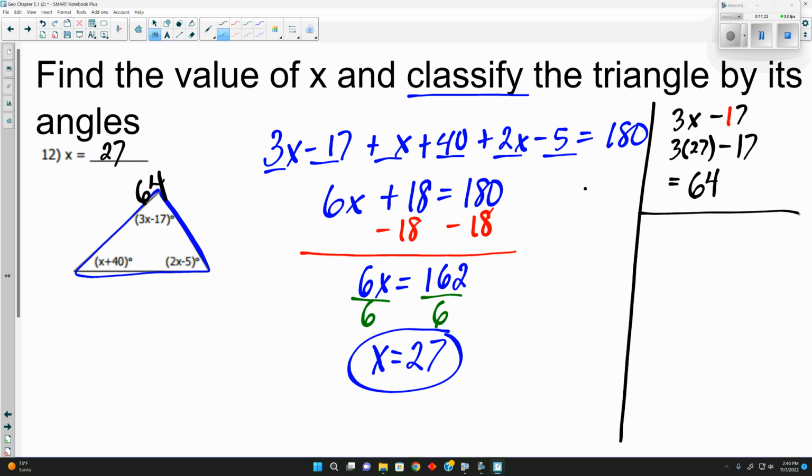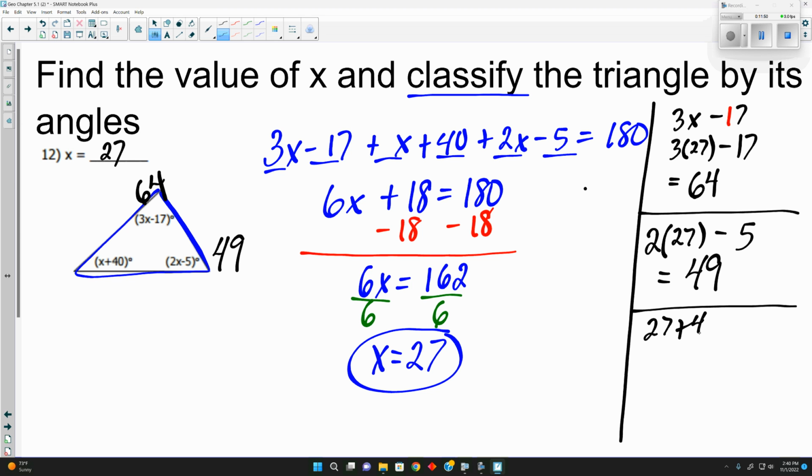Now the next one we can do is 2 times 27 minus 5, 2 times x minus 5. And again, we could type this into the calculator. And I believe it should be 49. So 27 plus 40 is 67.